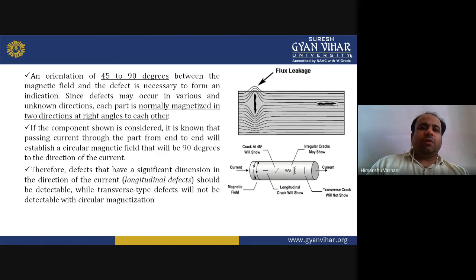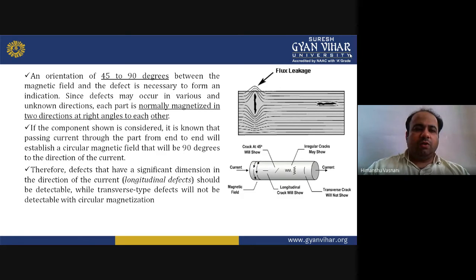Okay. So if the component is considered, it is known that passing current through the part from end to end, the bottom diagram, will establish a circular magnetic field that will be 90 degrees to the direction of the current. Obviously, the current is flowing in the longitudinal way, and you can see the magnetic field created on the circumference in the circular magnetic field.